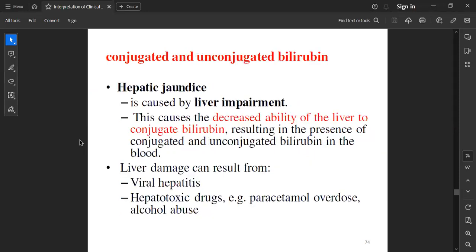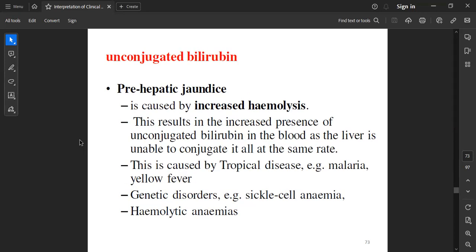Depending on whether the bilirubin accumulating is conjugated or unconjugated, we can have prehepatic jaundice. This is caused by increased hemolysis. It results in an increased presence of unconjugated bilirubin in the blood, as the liver is unable to conjugate it at the same rate. Unconjugated bilirubin means that the liver has not had a chance to conjugate it.